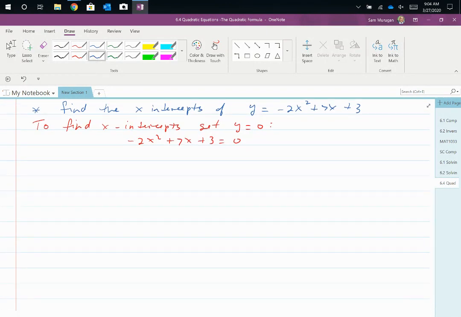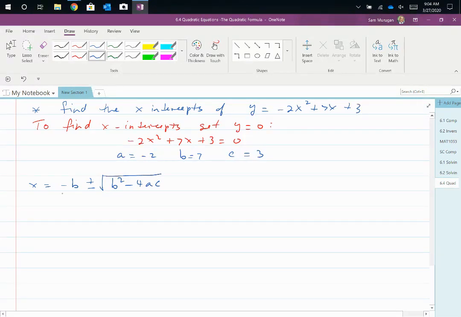And we can proceed to solve this using the quadratic formula. State your formula. x is equal to negative b plus or minus the square root of b squared minus 4ac over 2a. And start substituting numbers into your formula.